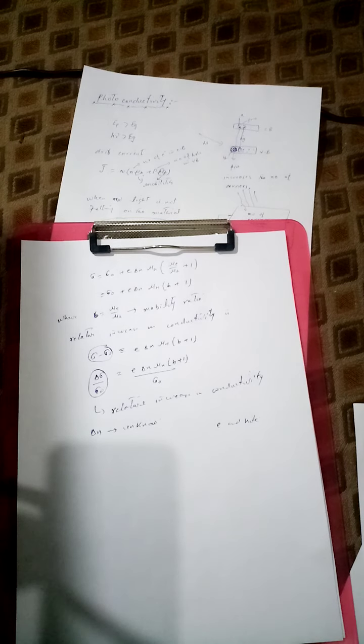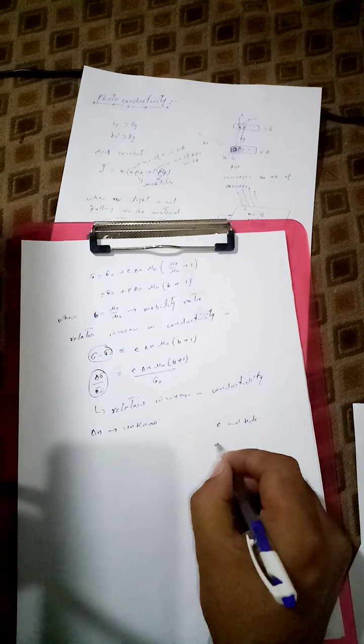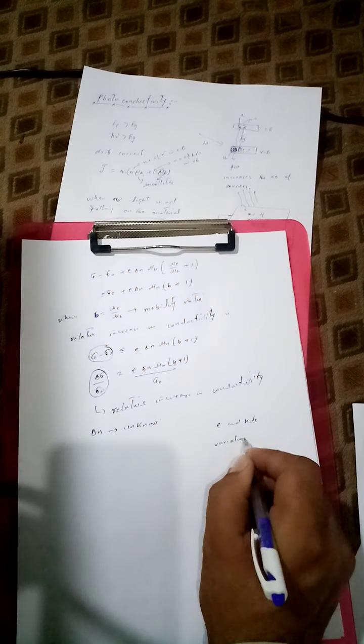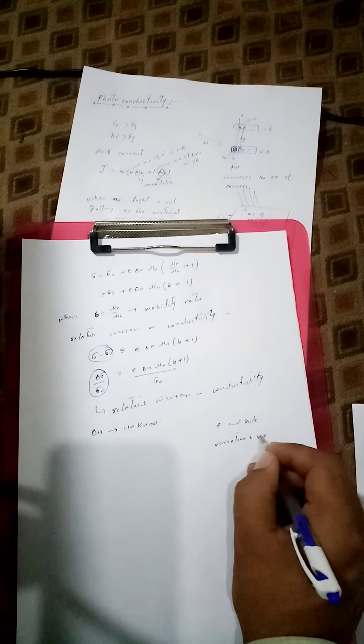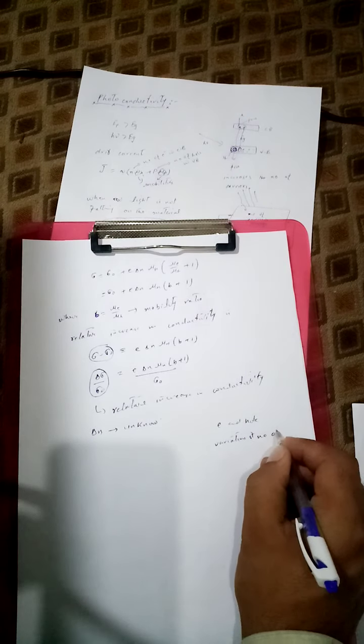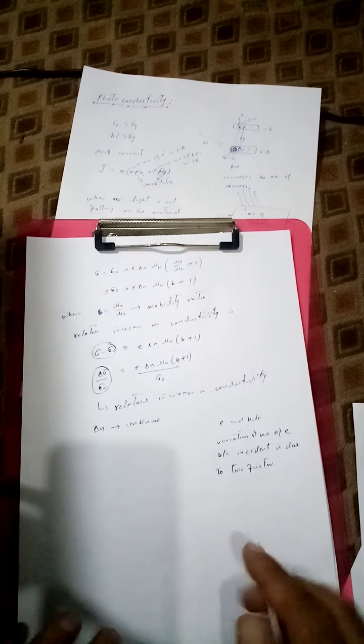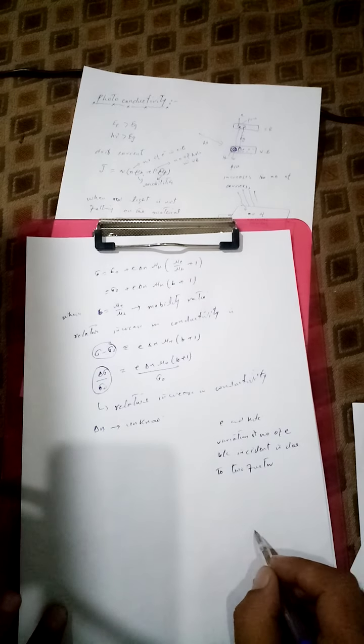Now there are two factors which lead to the variation of n, the variation of the number of electrons because of incident light. The first factor is that the free carriers are continuously created.